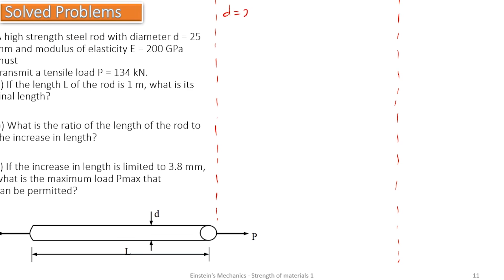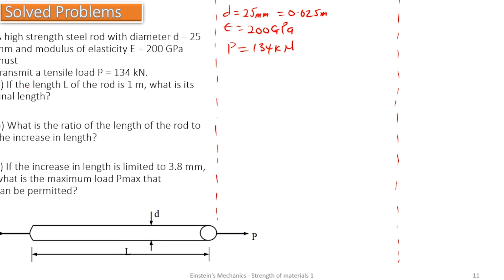The diameter is 25 millimeters, which is 0.025 meters. We have our E to be 200 gigapascal, and it must transmit a tensile force, that's the P, to be 134 kilonewtons.